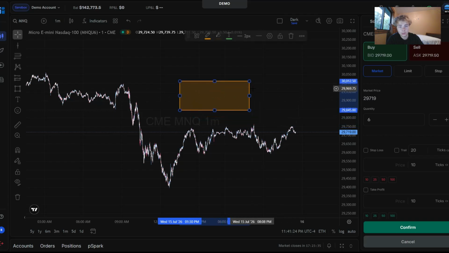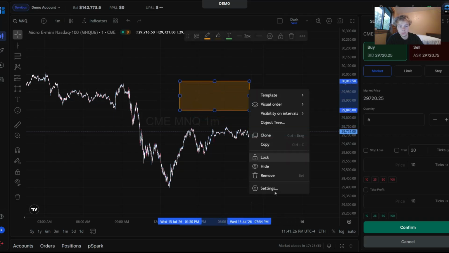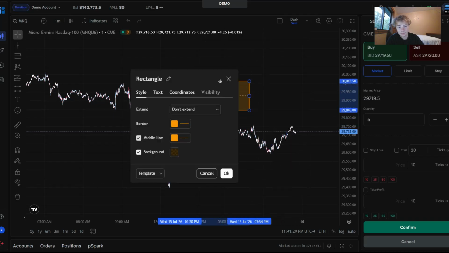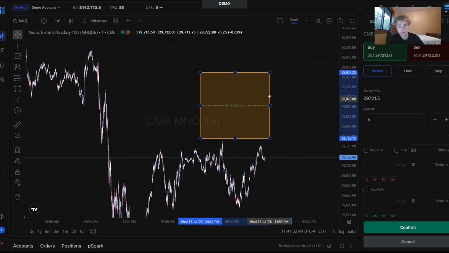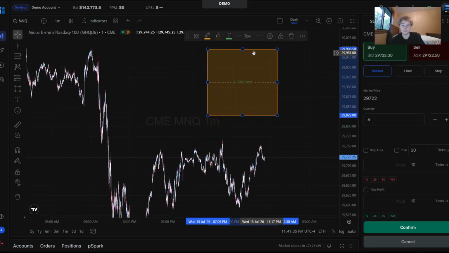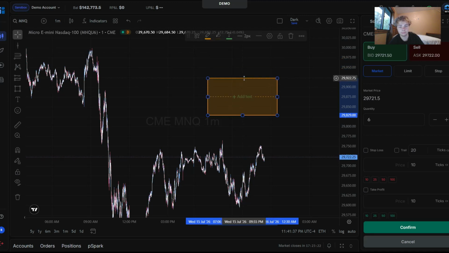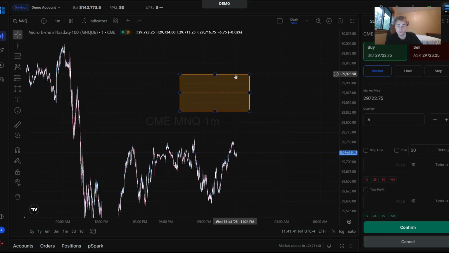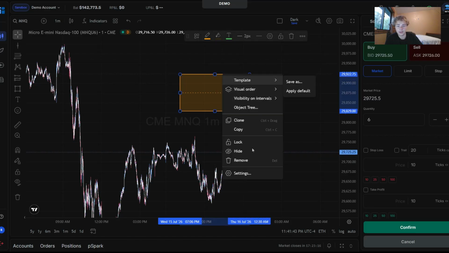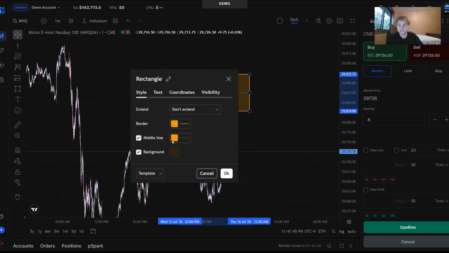And also, if you go into the settings, you can turn on a middle line in case you're looking for like equilibrium or something. That can be useful, or just seeing where like half of the price range is. There's your middle line. Toggle that on and off. Change the colors if you want. It's very customizable.